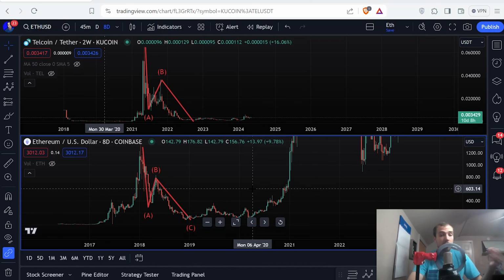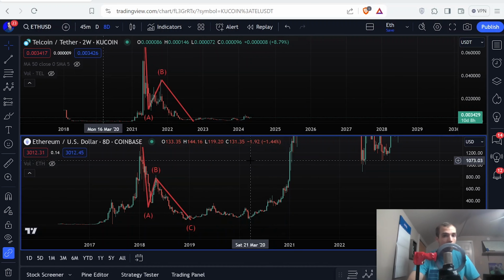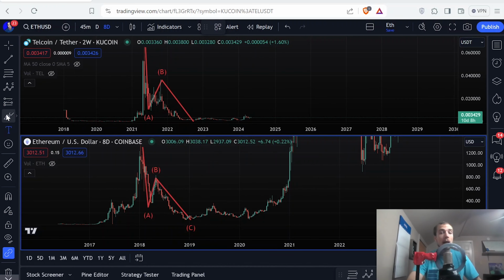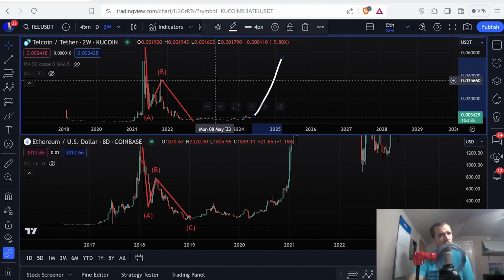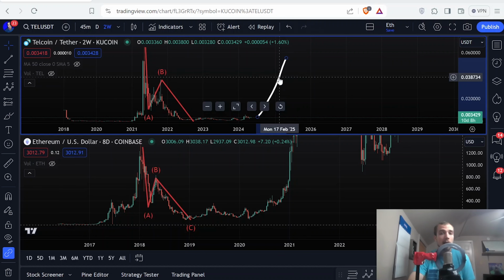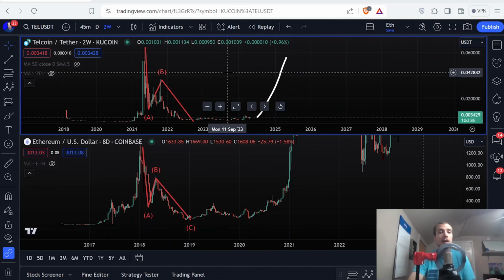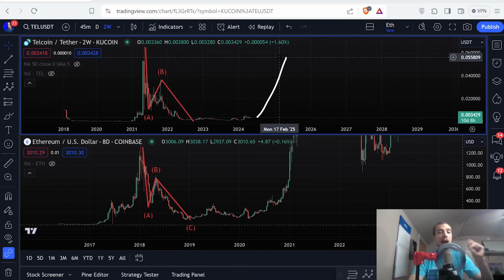So if it continues to follow this fractal, then Telcoin is likely going to see a big upward move very soon. And who knows how high it could go. I mean, crypto is generally known for having really wide, really long accumulations, and really fast pumps. So when this thing takes off, it's going to happen really quickly.